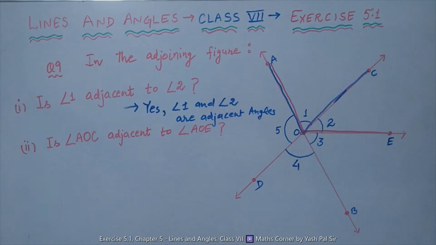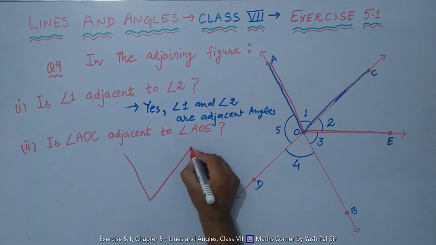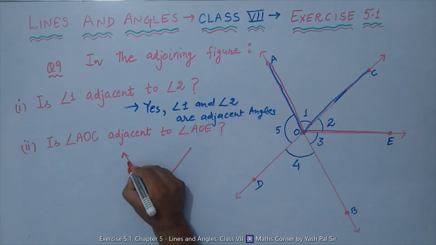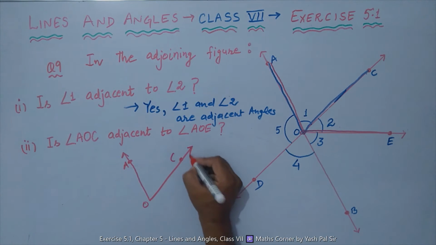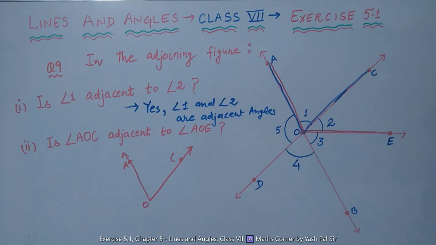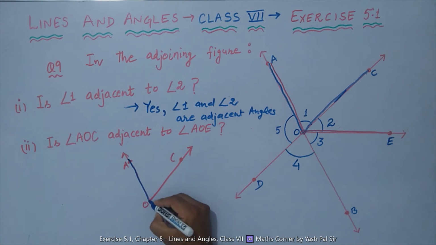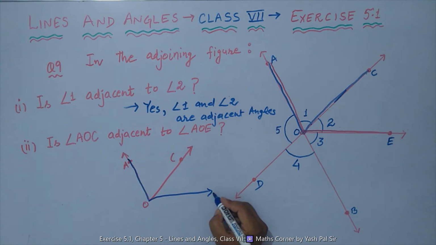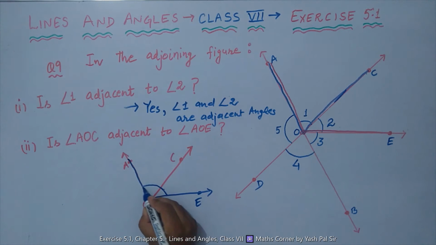So the first angle is AOC, and the next angle is AOE. AOE is this angle and AOC is this angle.